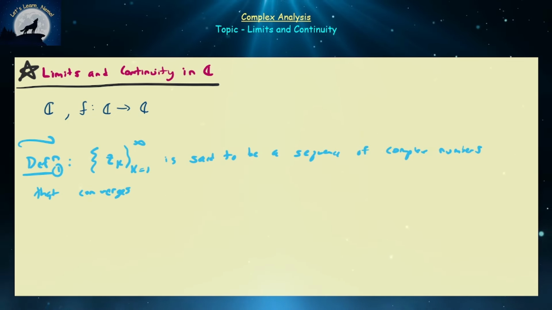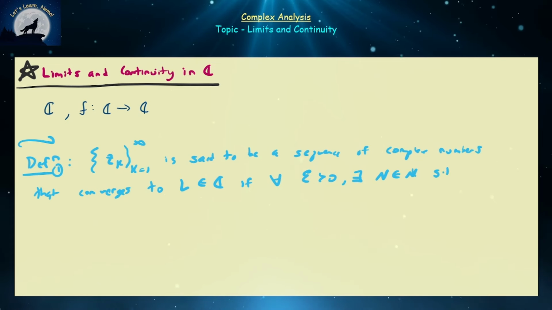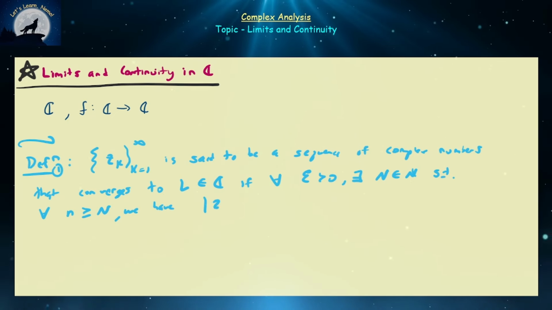So we're going to say that this sequence of complex numbers converges to some number L, which will be in the complex plane, if for all epsilon greater than 0, there exists a natural number N in the set of natural numbers such that for all little n bigger than or equal to capital N, we have that the distance between z_n and this point for which you claim it is getting close to is arbitrarily small, in particular less than the epsilon that was chosen for you.